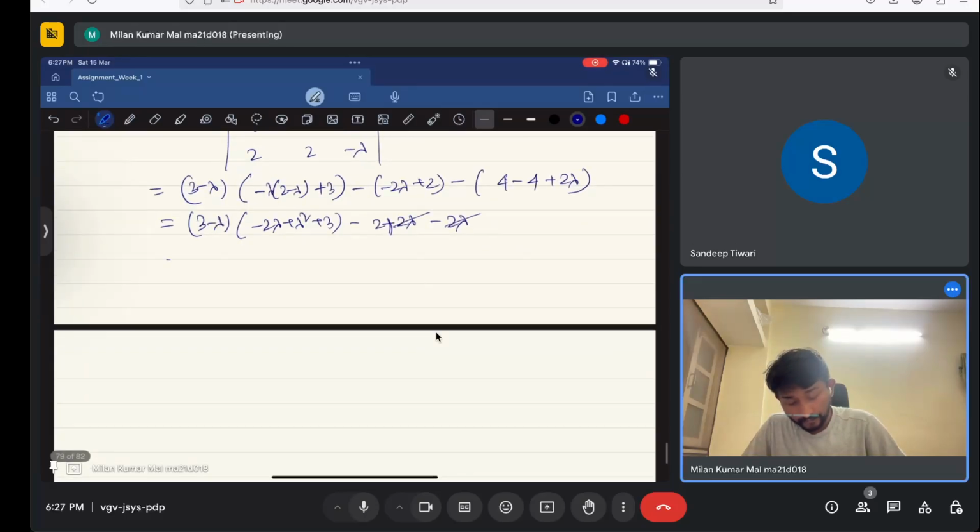I hope I'm correct. So this is 3 minus lambda square minus 2 lambda plus 3 minus 2.